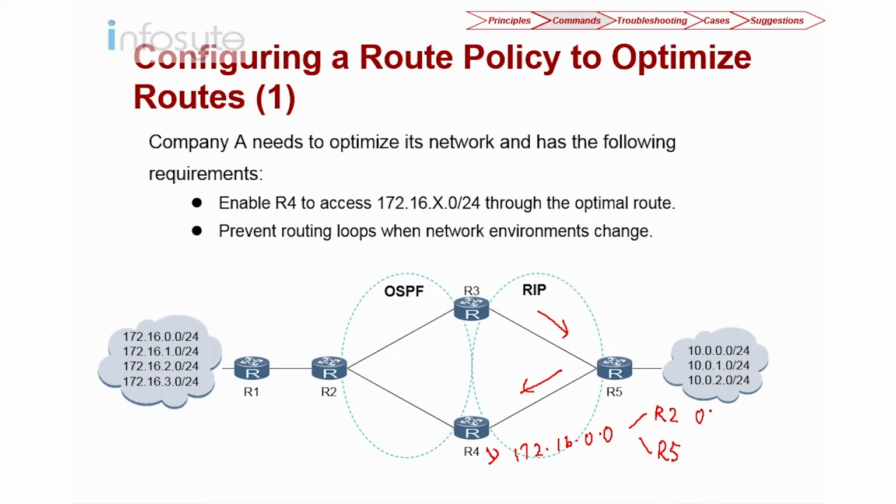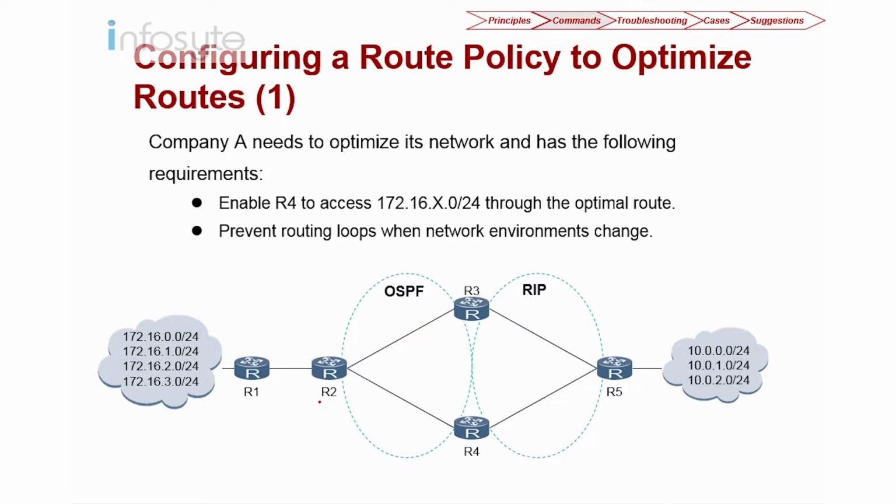Now R2 is running OSPF. R5 is running RIP. But this is an external route, that is a type 5. And since this is a type 5, we have a preference of 150 and RIP is 100. So at the end of the day, R4 will go for R5, R3, then to R2. So this will be a suboptimum route.